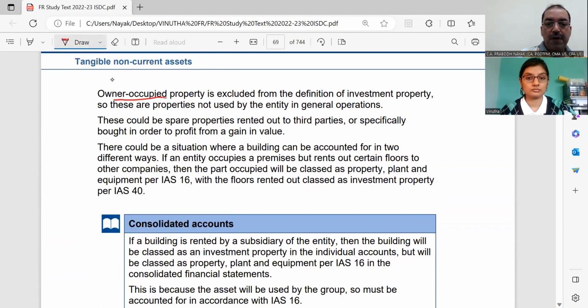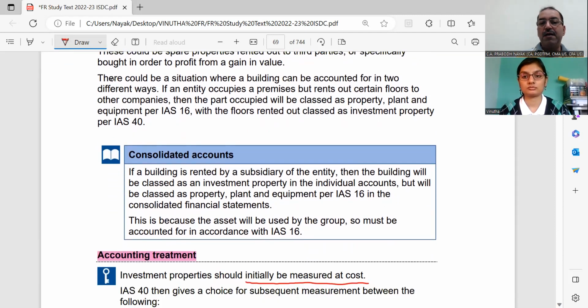Owner occupied property is excluded from the definition of investment property. So these are properties not used by the entity in general operations. So these could be spare properties rented out to third parties or specifically bought in order to profit from a gain in value.